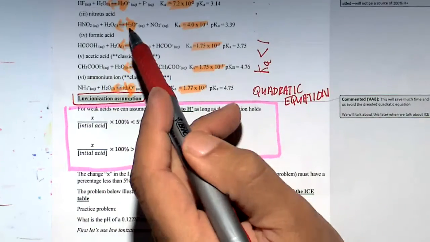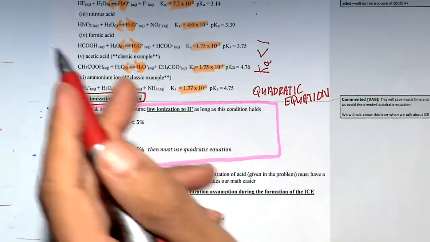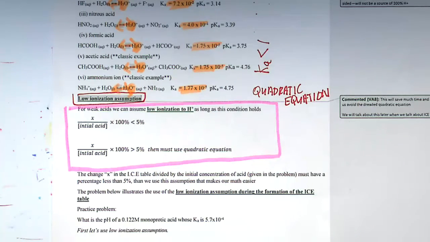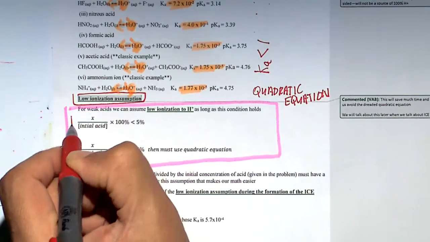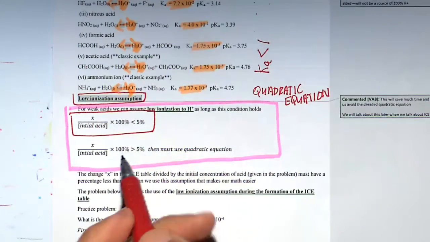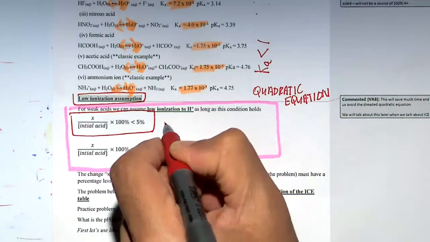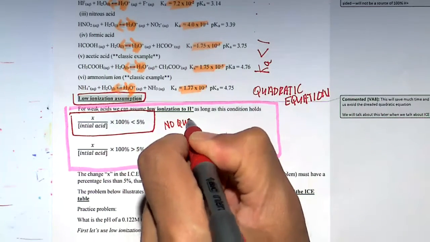Am I 90%, 30%, 10%? To what extent is the reaction going in this forward direction? Well, if it's less than 5%, then you don't have to use the quadratic equation for our ice table.